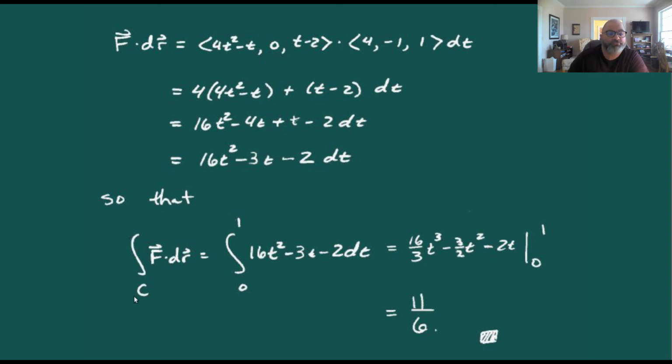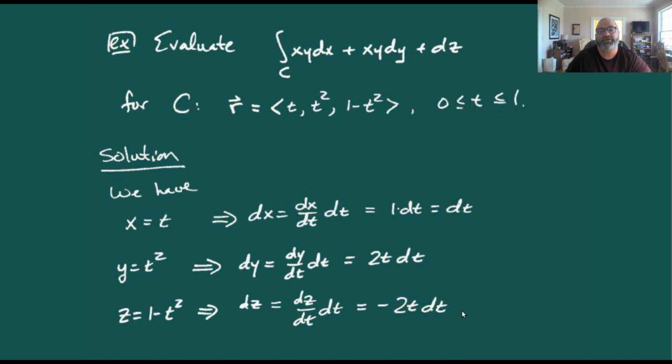Now our integral over our curve C of f dot dr becomes the integral from 0 up to 1, because that was the domain for our parameterization, of 16t squared minus 3t minus 2. We do the integration, and we come up with an answer of 11/6.